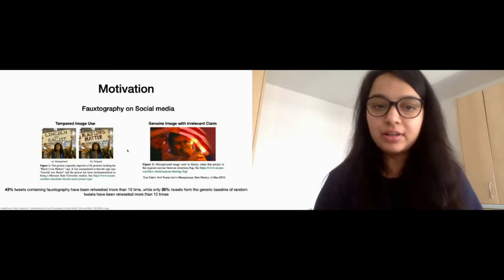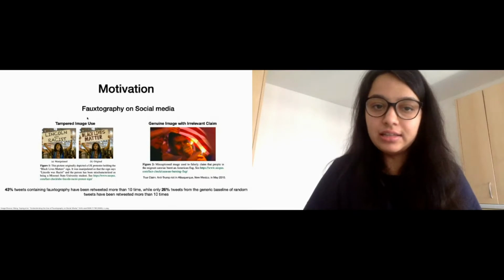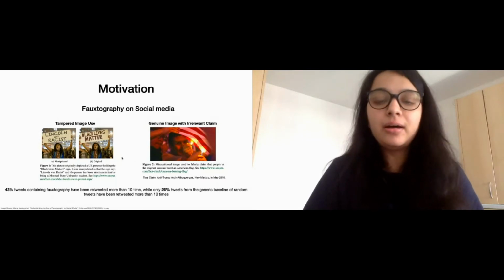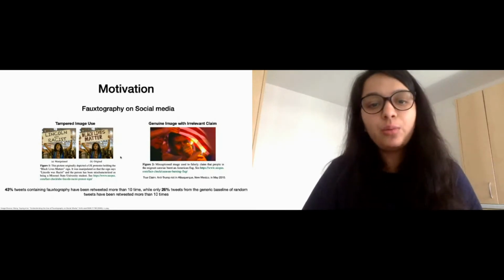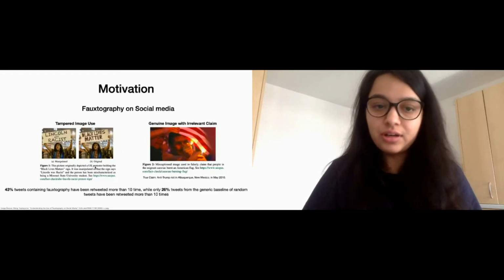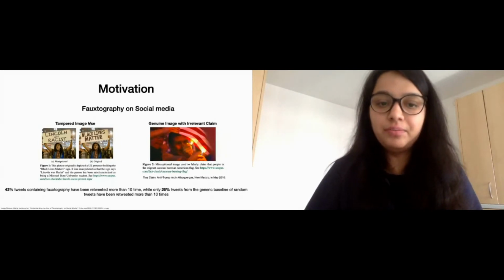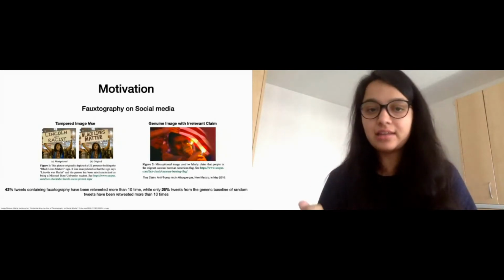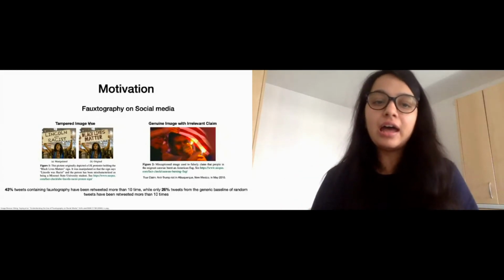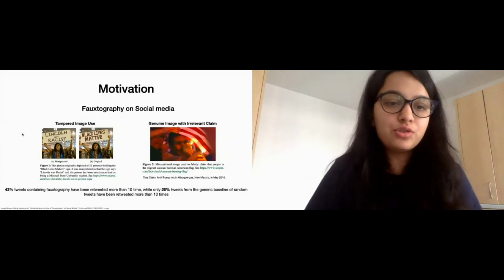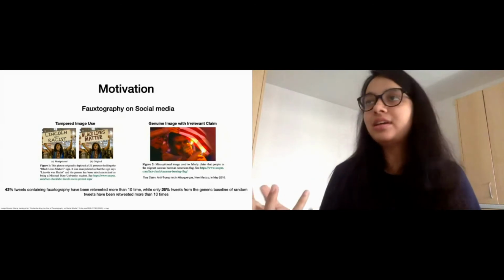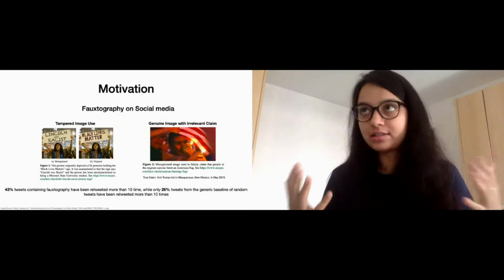An example of this is the image on the left, where the original image was of a student holding a banner that says Black Lives Matter. This was tampered to show that this student is holding a banner that says Lincoln was racist.